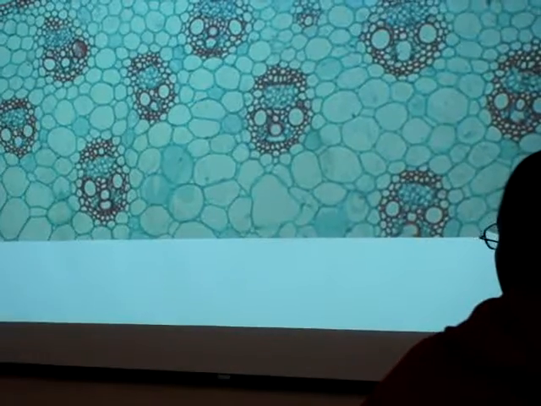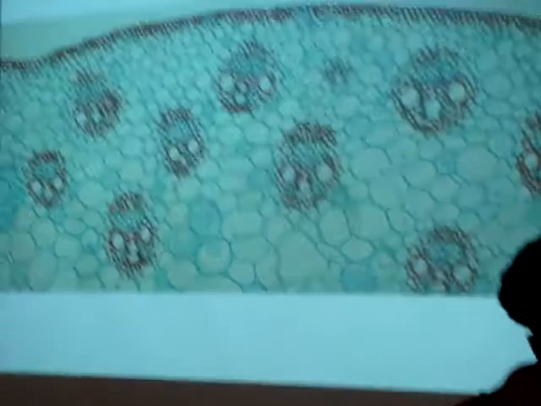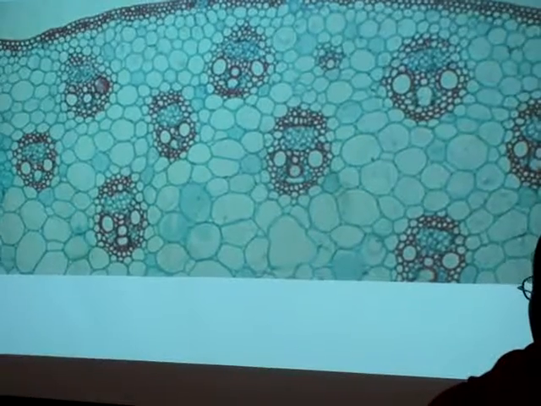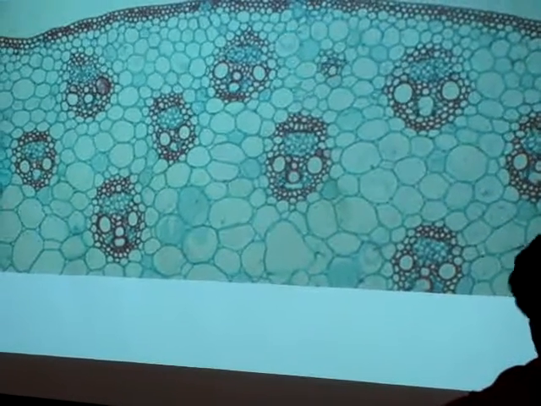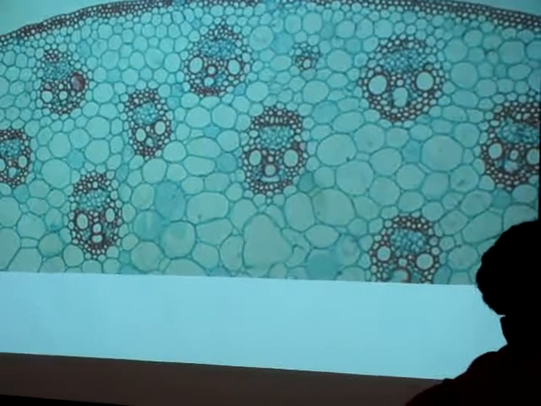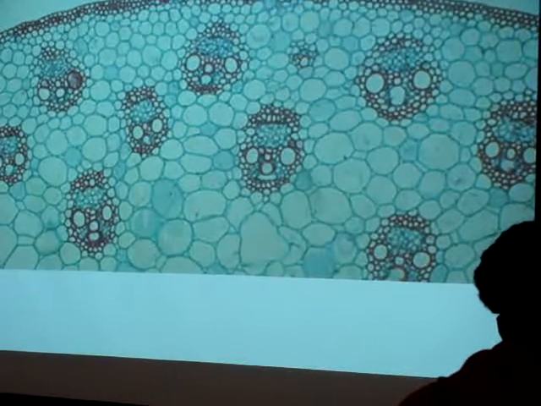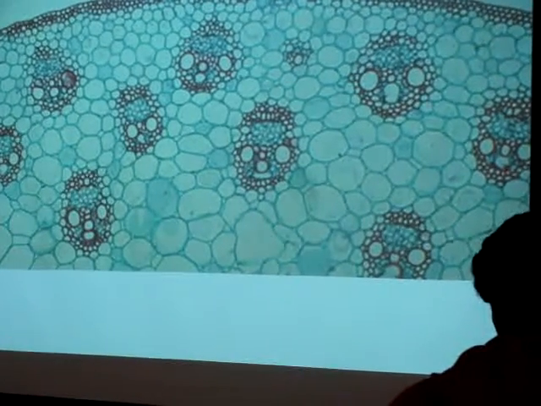You're going to see these choices on stems because you're going to see all of the above. So herbaceous, you should be thinking green. It's green, it's primary. So this is a herbaceous monocot.